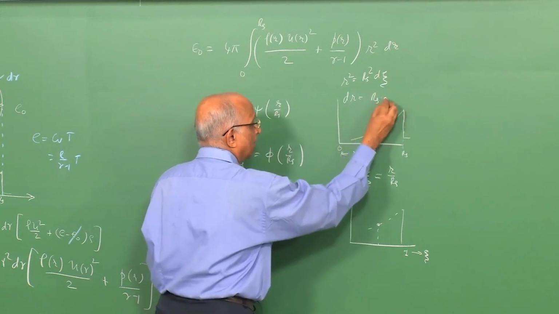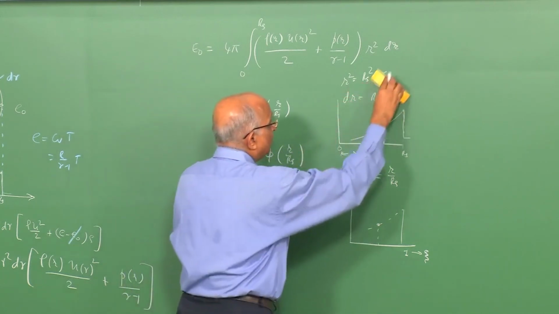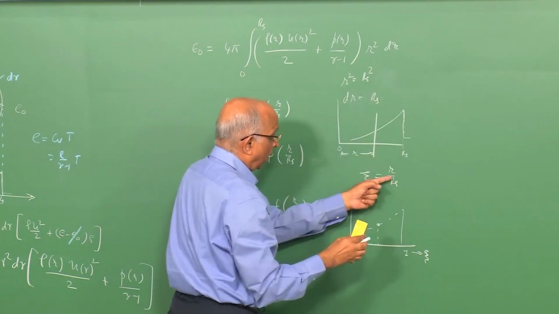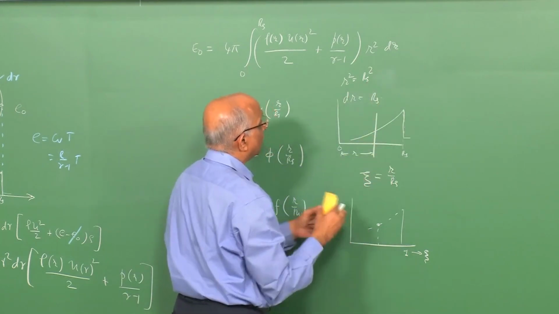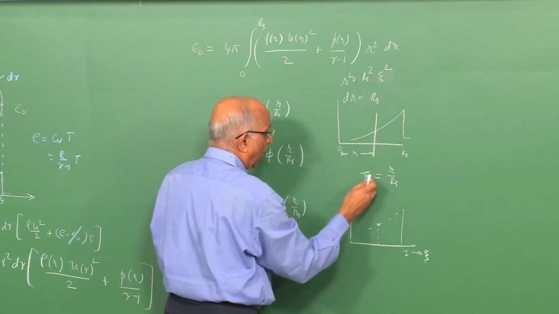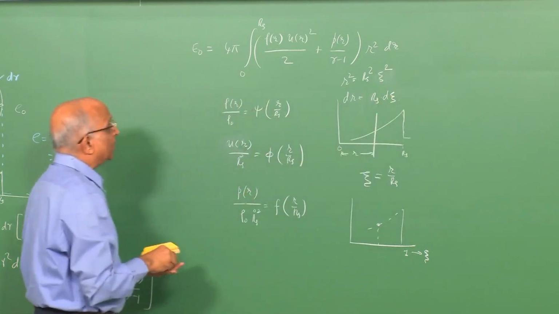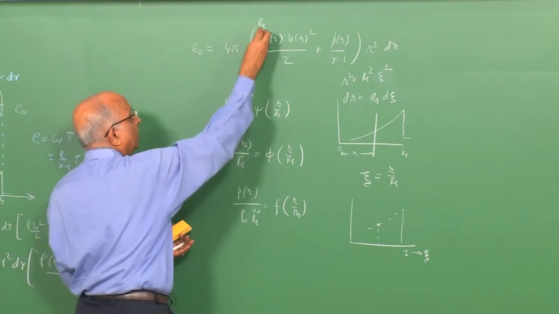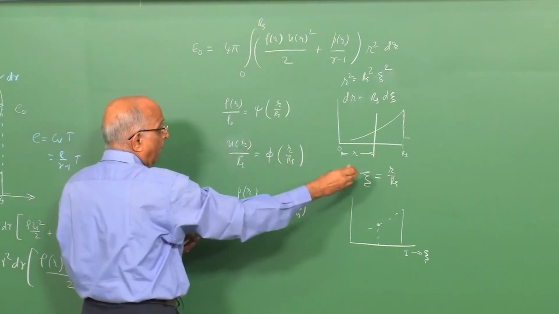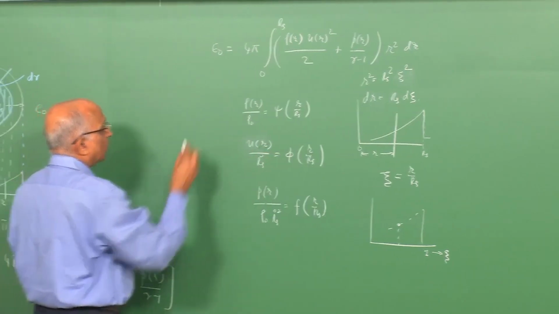I am sorry, r square is equal to zeta square into Rs square, dr is equal to Rs into d zeta, and the limits of integration, instead of being Rs over here, become Rs by Rs, which is 1.